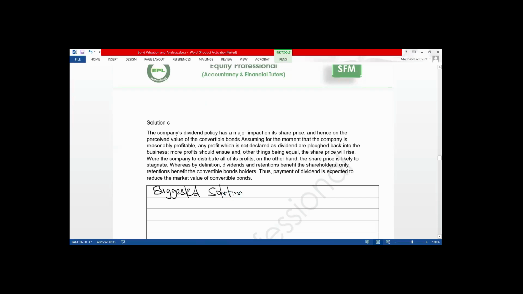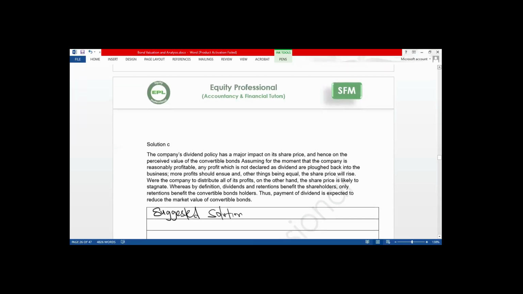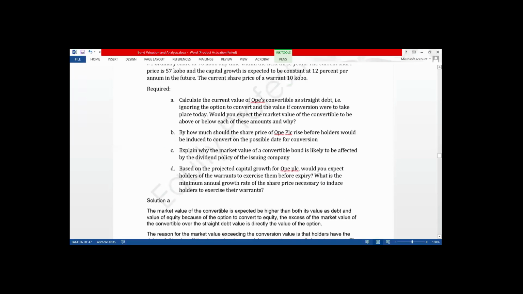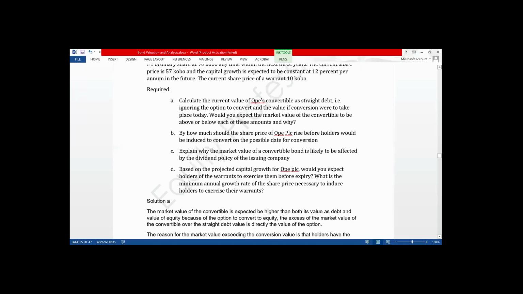Now, if you look at requirements A, it's important to understand the question and the requirement. If you go back to requirement A, you are supposed to answer 3 questions. Calculate the current value of Okpe's convertible as a straight debt, ignoring the option to convert.